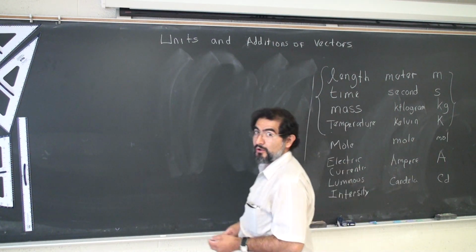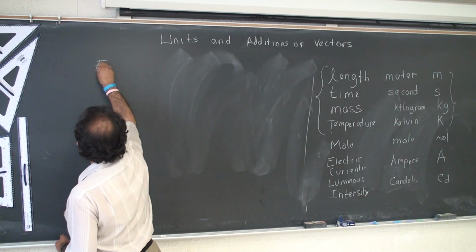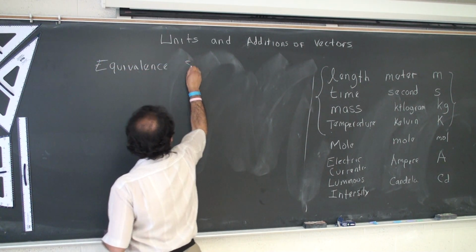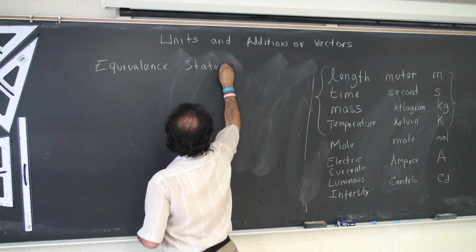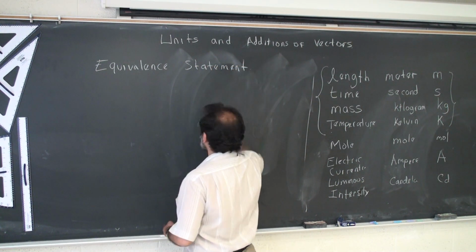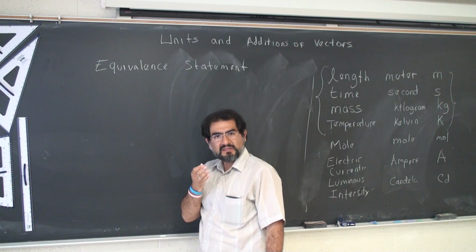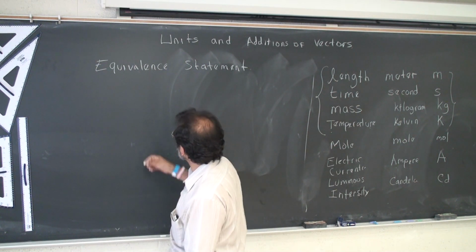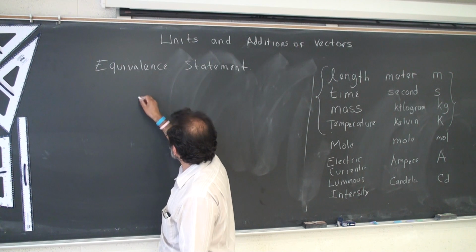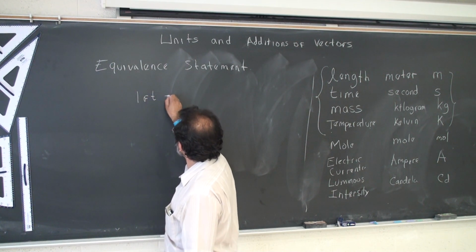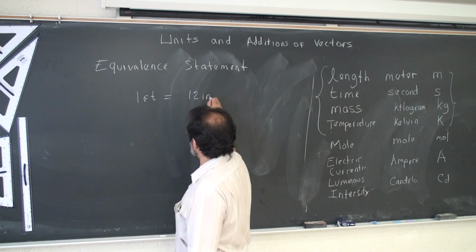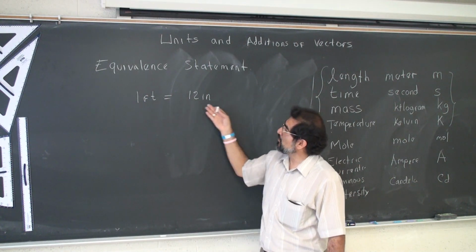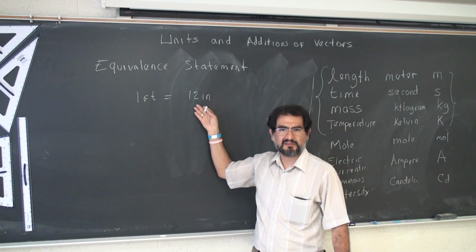Whenever we are talking about an equivalence statement, we have, even in the same United States Customary System, for example, 1 foot is 12 inches.